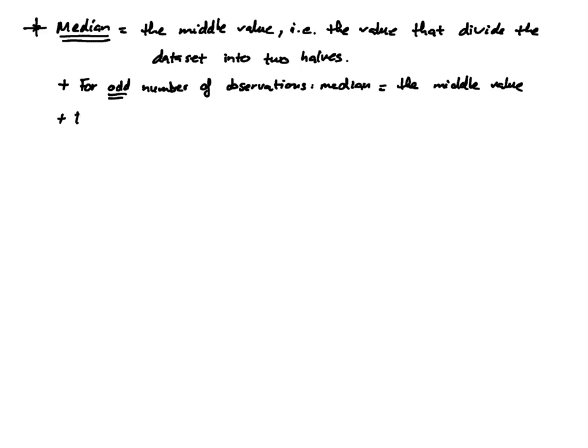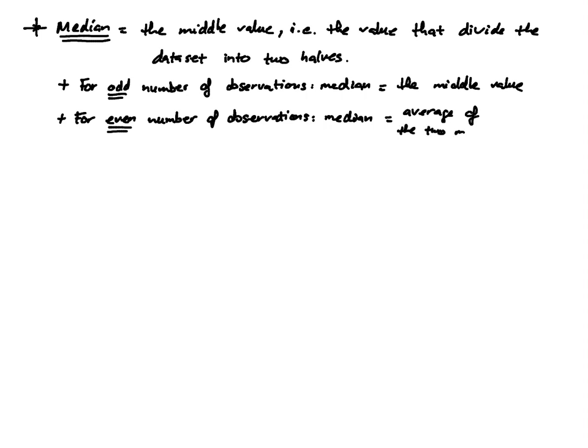For a data set with an even number of observations, the median is the average of the two middle values. Okay.